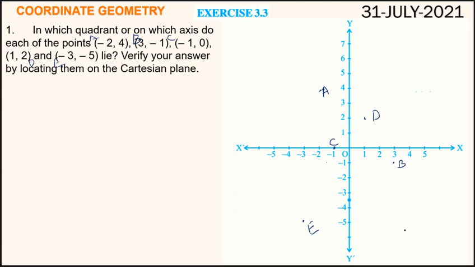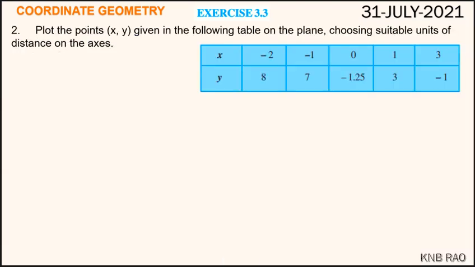Then moving on to question number 2. Question number 2, plot the points x, y given in the following table on the plane, choosing suitable units of distance on the axis. Normally we use graph paper. The standard graph paper which we use will have 1 centimeter as 1 unit, so we need not worry about the scale now.